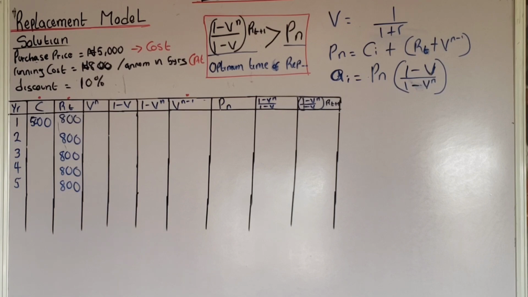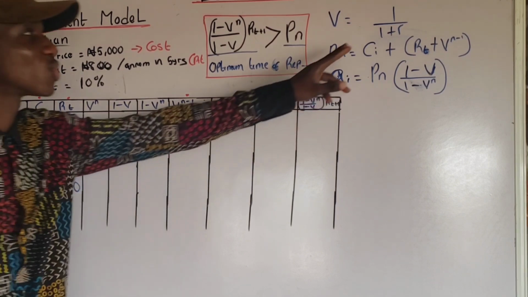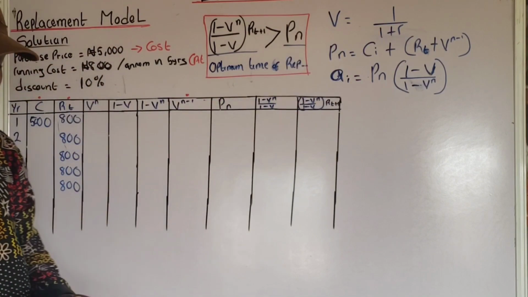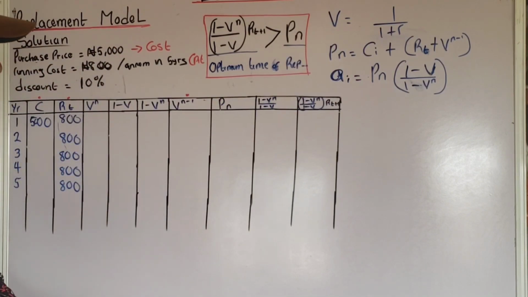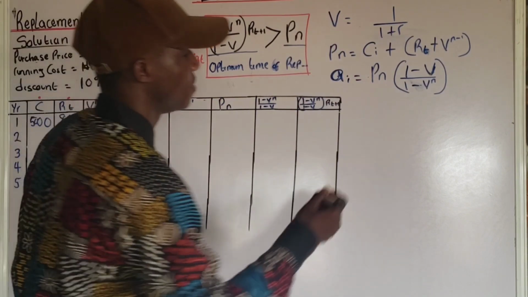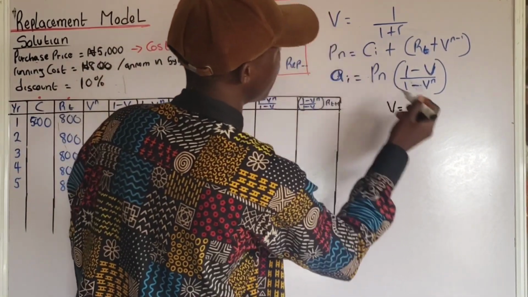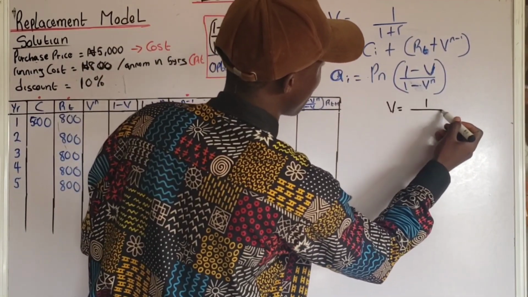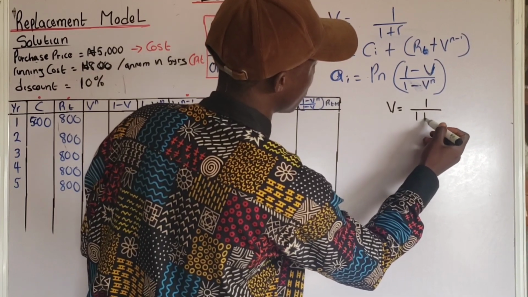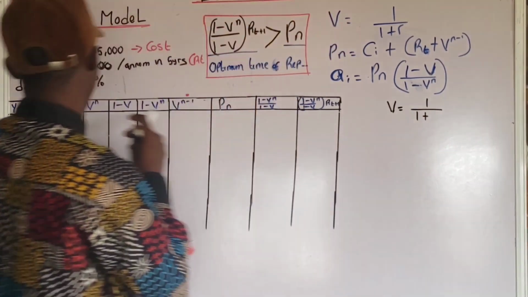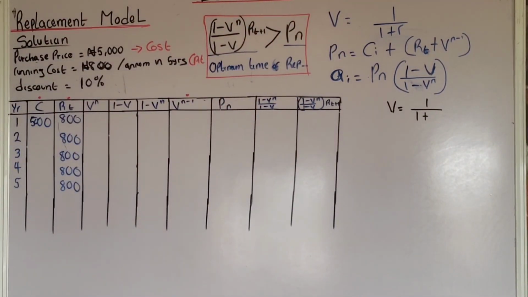Okay? Now, we have gotten to where I want you to pay attention most. Don't forget that v is equal to 1 all over 1 plus r. So let's first determine the value of v. R is the discount rate. You understand?